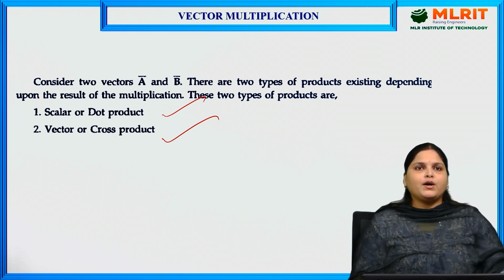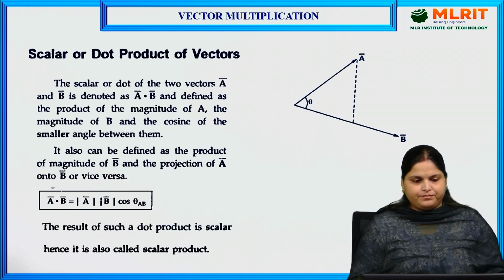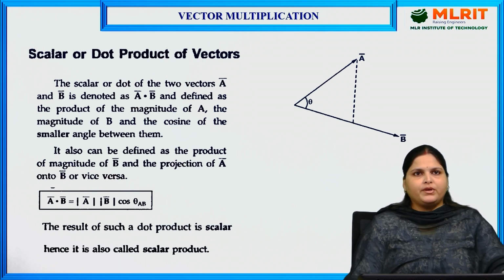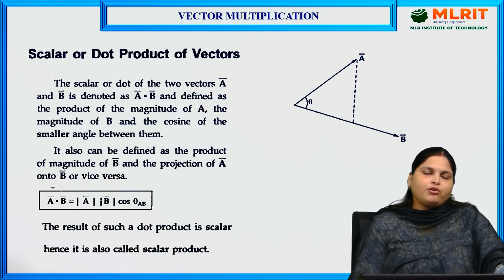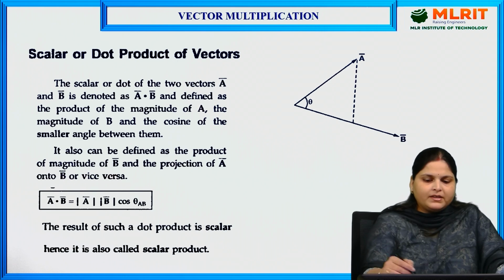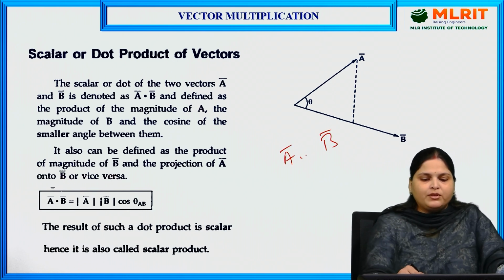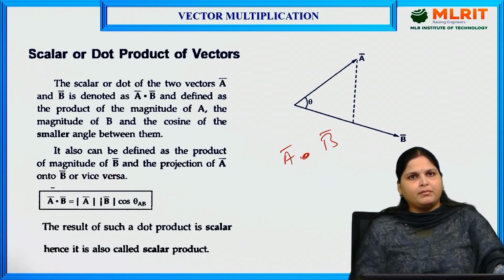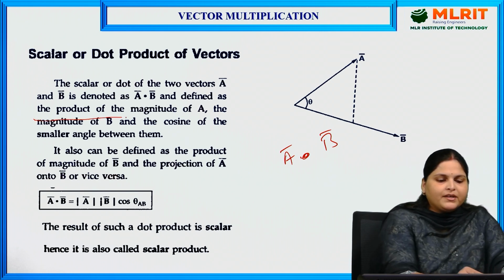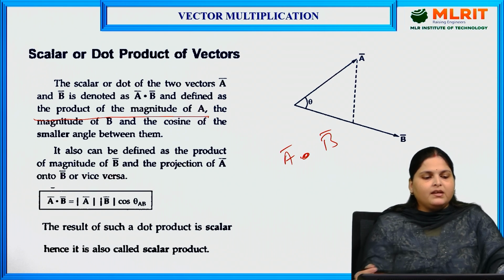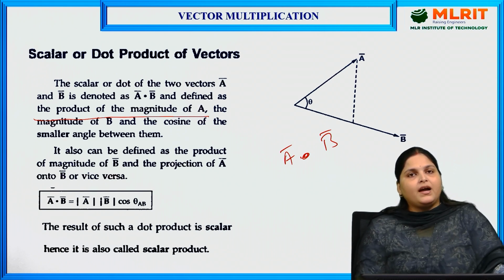So let's start with the dot product first. What is the dot product? The scalar or dot product of two vectors, vector A and vector B, is denoted as A dot B, and it is defined as the product of the magnitude of A, the magnitude of B, and the cosine of the smaller angle between them.